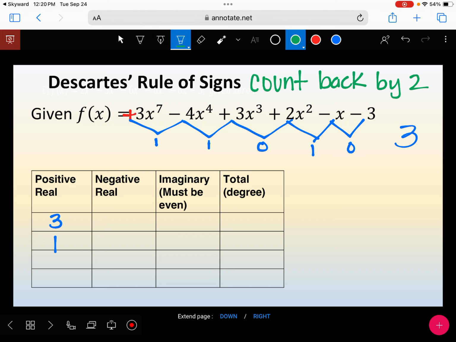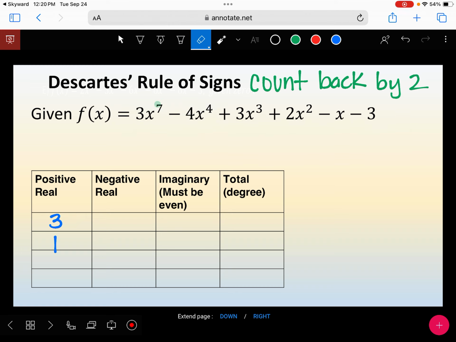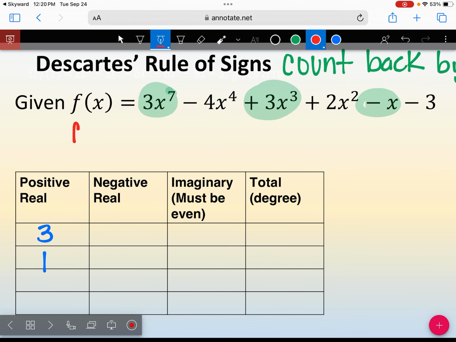All right, so now I'm going to erase all of this. I'm only going to highlight the terms with an odd power, and I'm going to rewrite it. Only the ones highlighted in green, I'm going to change the sign. So f of -x, because now we need to find our negative, is going to be -3x to the 7.